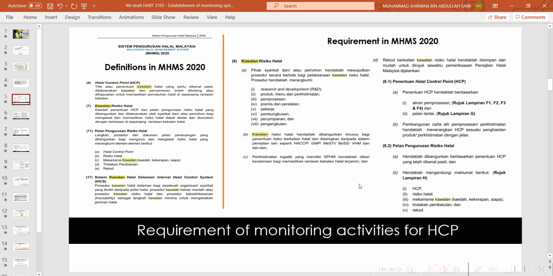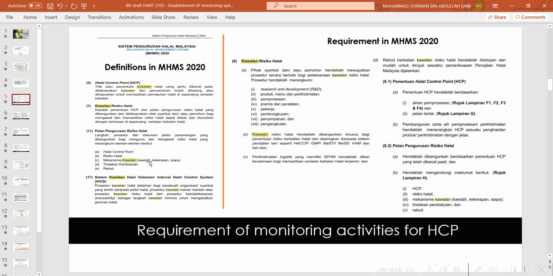And some sentences might also use the word kawal. So in this case, the monitoring activities is considered under this pelan pengurusan risiko halal, where there is a term mekanisme kawalan, or we call it control mechanism.